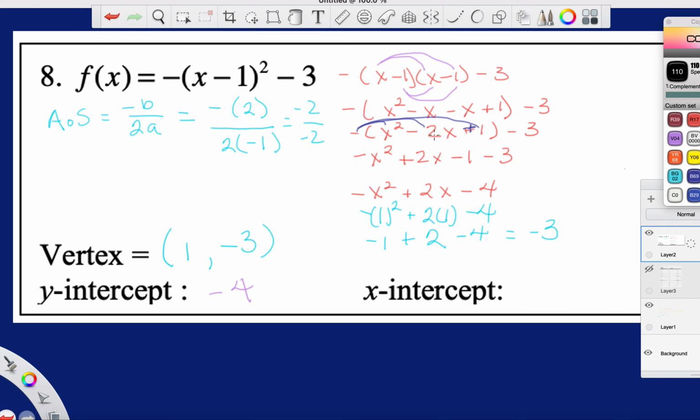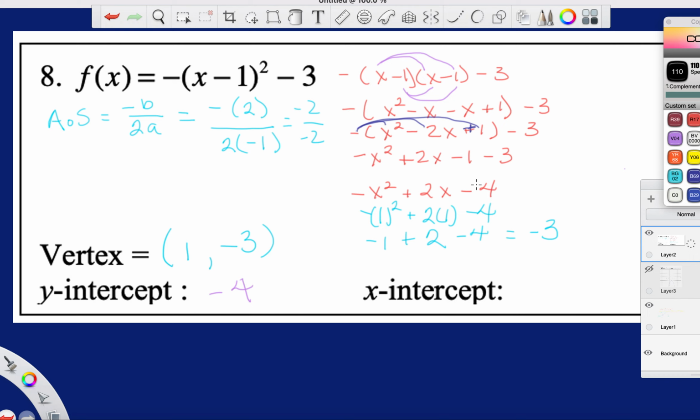Negative times negative 2x is positive 2x. And then negative times plus 1 is negative 1 or minus 1. And then I tack on the minus 3. Now, I can combine these guys. So I did. So I have negative x squared plus 2x minus 4.